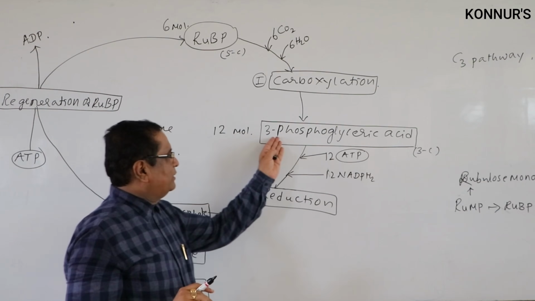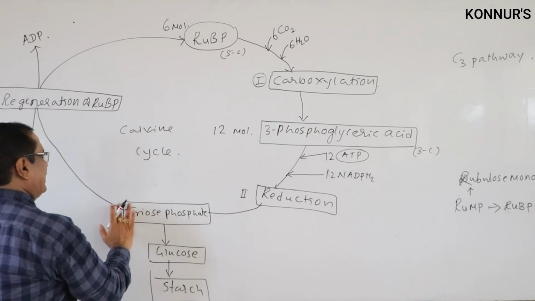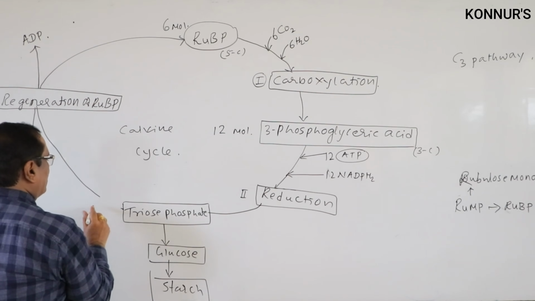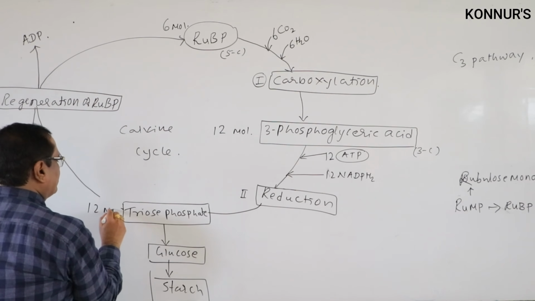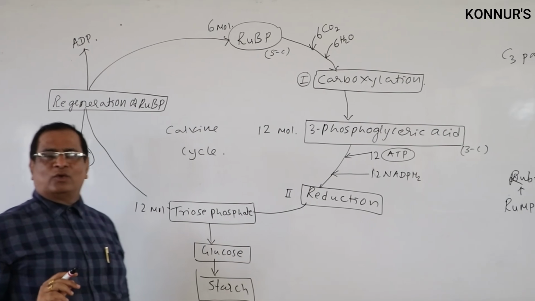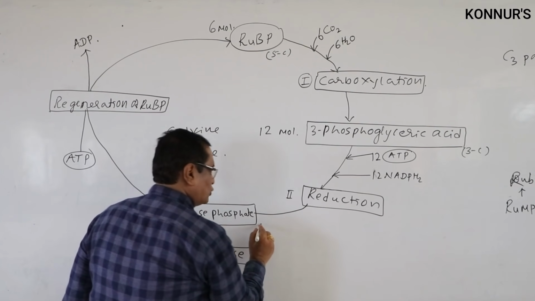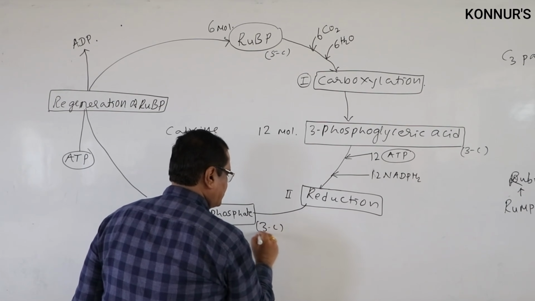Hence, these 3-phosphoglyceric acids are reduced, leading to the formation of 12 molecules of triose phosphates, which are also 3 carbon compounds.